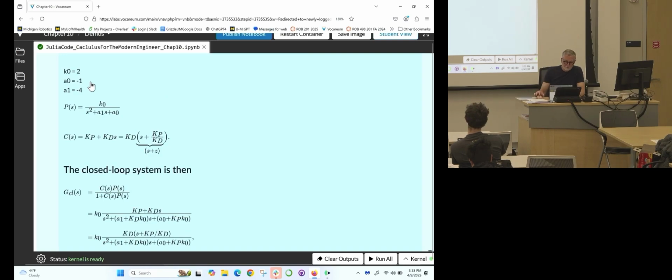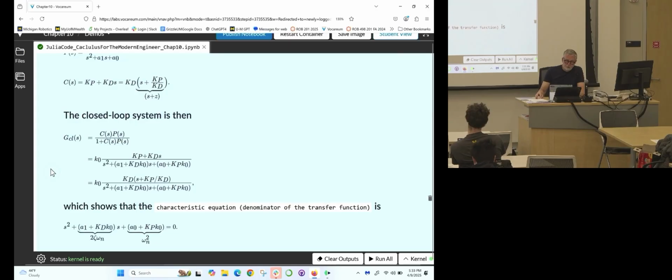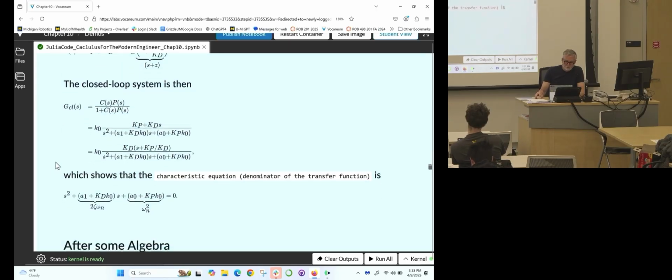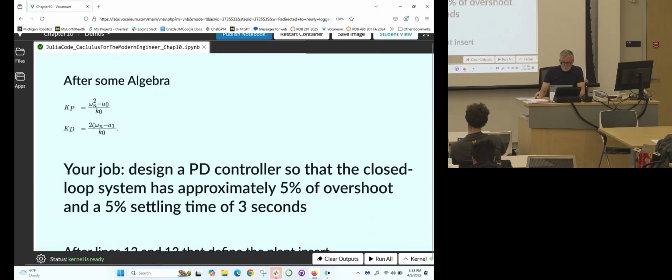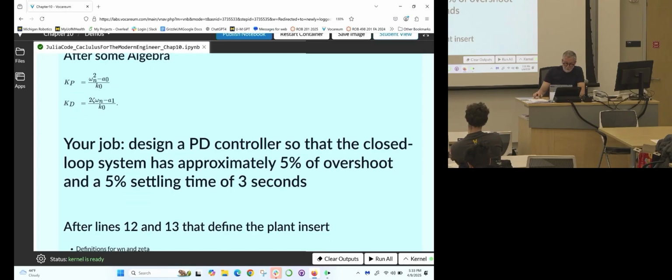That was me, okay? Said, this is our plant. We're using PD control. And so now your job in the next cell is to design the coefficients here so that the closed loop system has approximately 5% overshoot and a 5% settling time of 3 seconds. So these are the same specs you had when you just had a second order system.